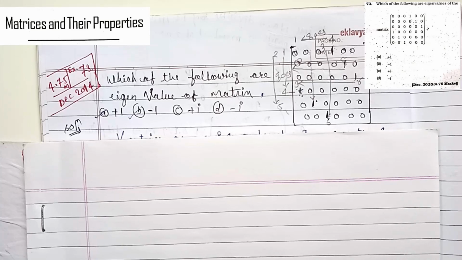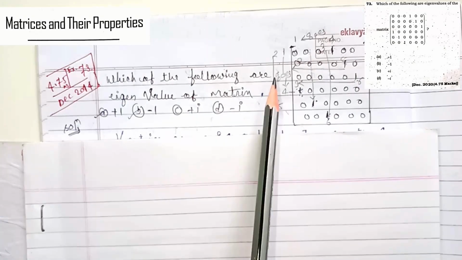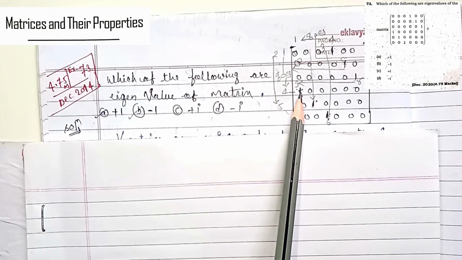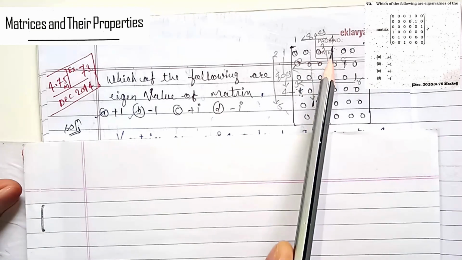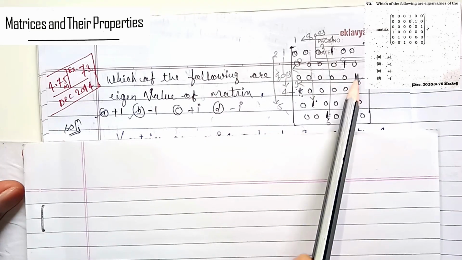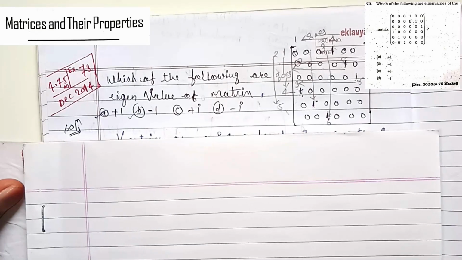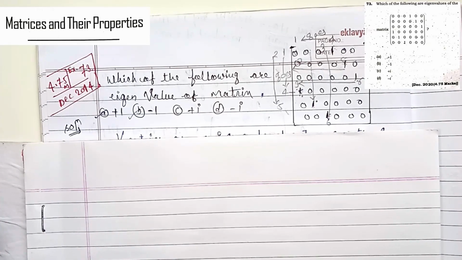Here we can see we have a matrix where each column contains a 1 exactly once. What we do with a permutation is first find out the images, and after getting the images we take the LCM.